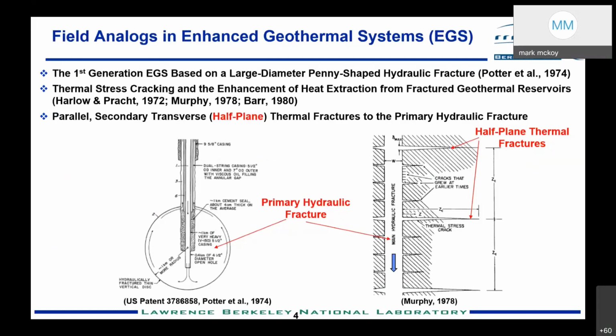The first generation EGS proposed in the early 1970s by Los Alamos pioneers includes large diameter penny-shaped hydraulic fractures for water circulation, and also parallel secondary transverse thermal fractures for enhancing fracture-matrix heat exchange. So those are the thermal fractures, and that's the hydraulic fractures. This is our first scenario of half-plane thermal fractures.